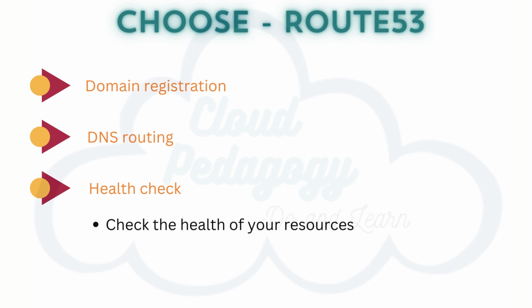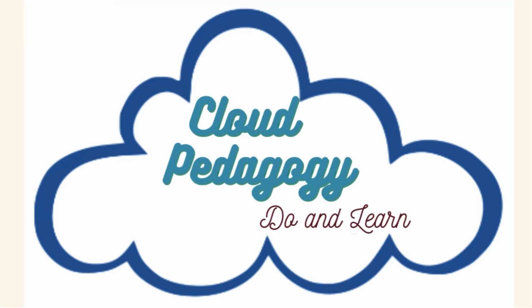Finally, you will check the health of your resources. Route 53 sends automated requests over the internet to your resource, such as a web server, to verify that it's reachable, available, and functional. You can also choose to receive notification when a resource becomes unavailable and choose to route internet traffic away from unhealthy resources.